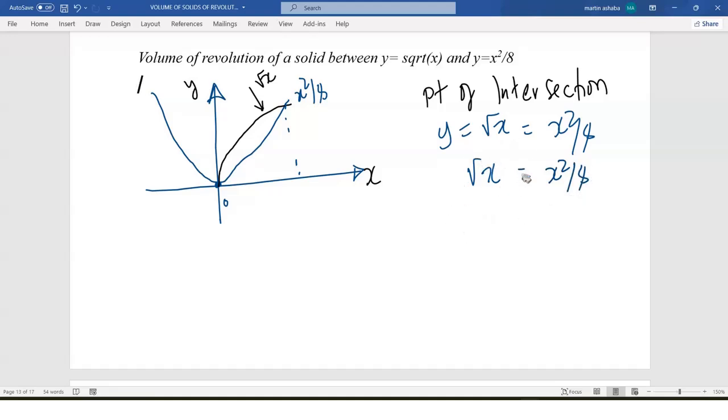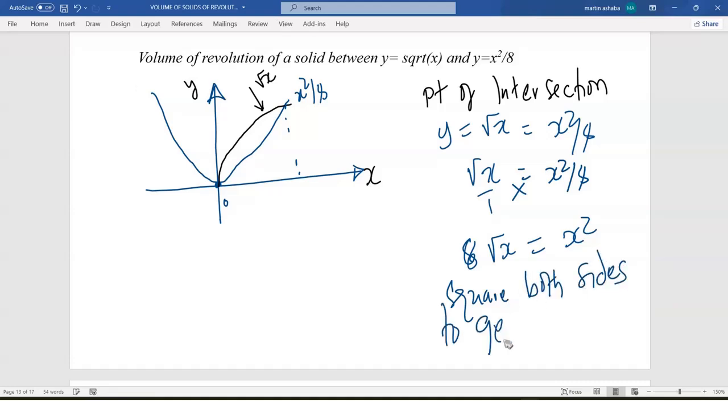So if I cross multiply, I'll have 8 times square root of x equal to x squared. So I want to square both sides to get rid of the root sign.